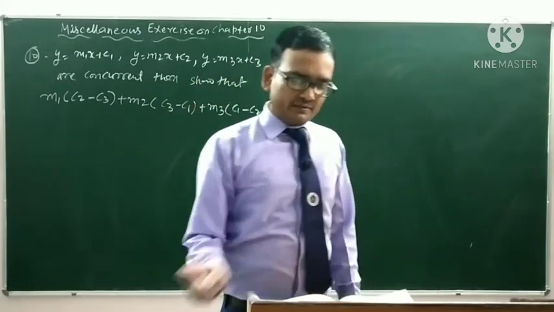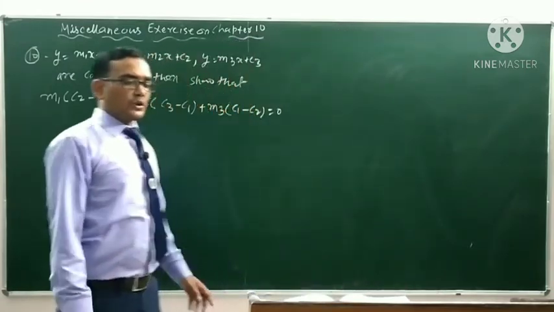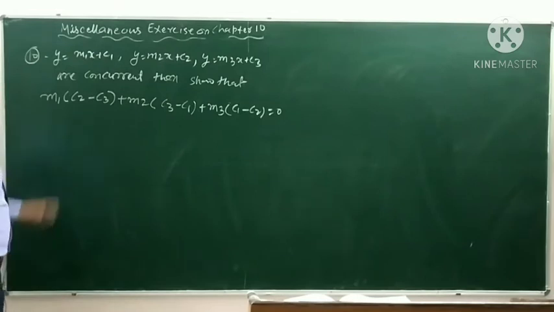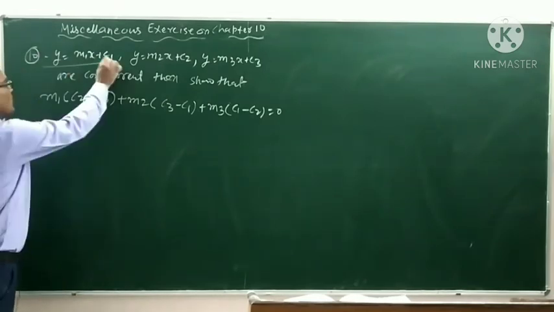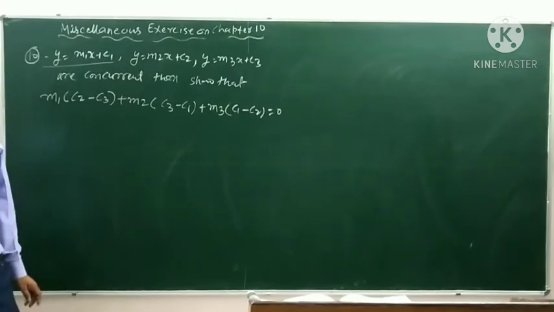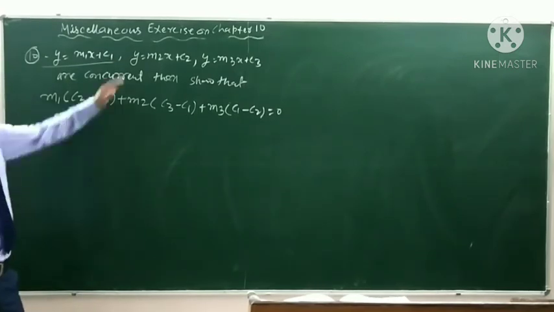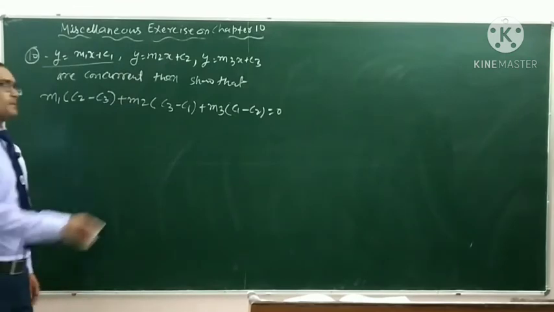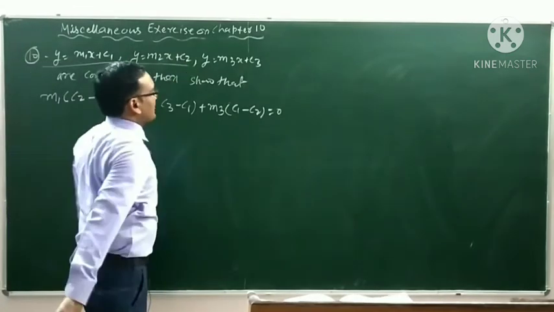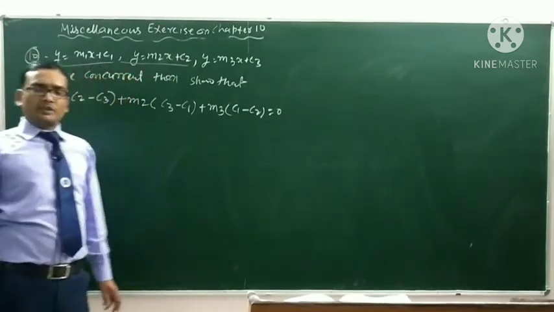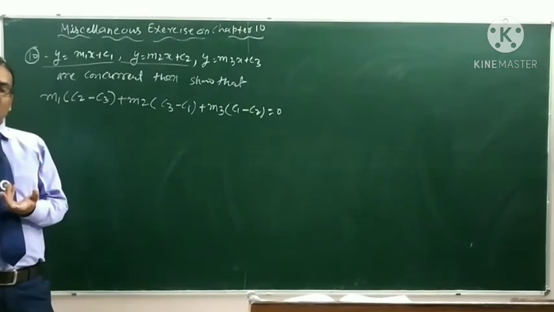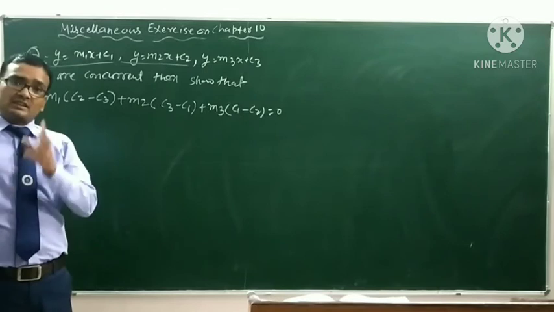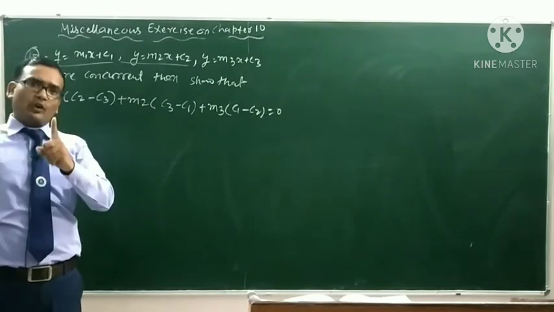In this question it says that if 3 lines whose equations y equal to m1x plus c1, y equal to m2x plus c2, y equal to m3x plus c3 are concurrent. That means three lines are passing through a point.